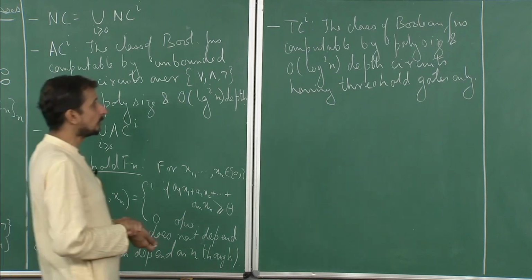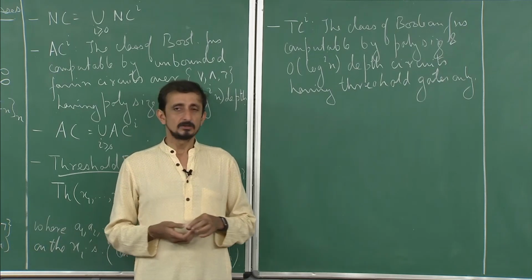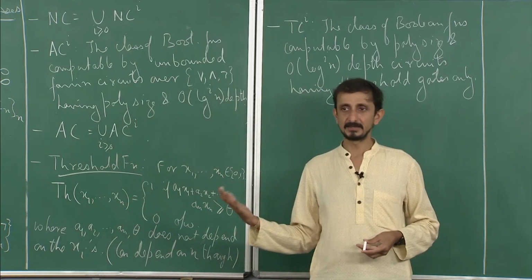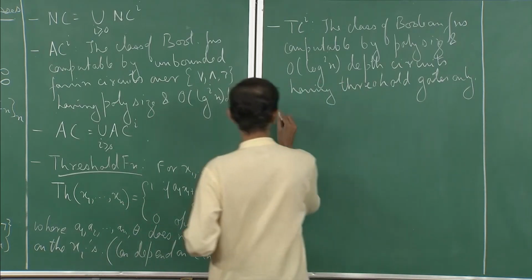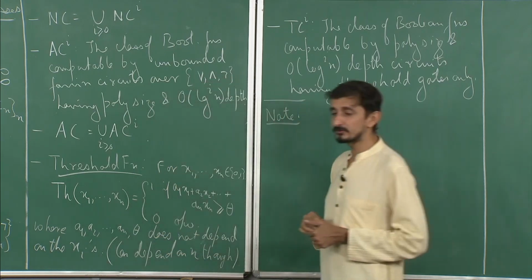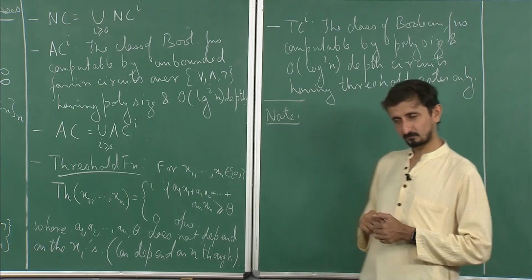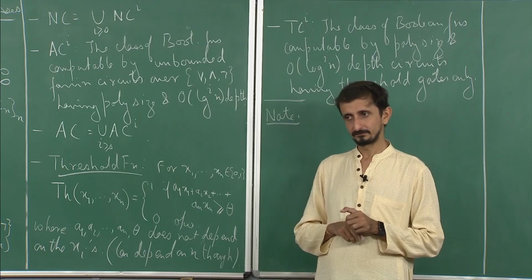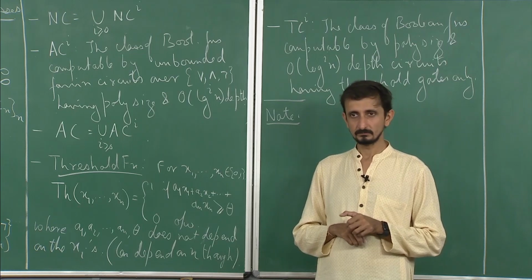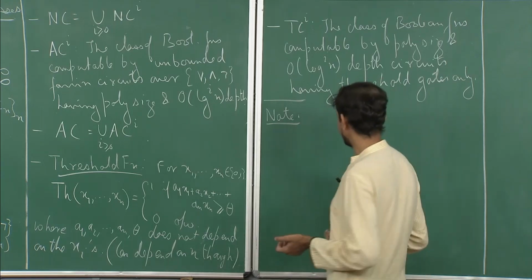Now you might be wondering, what about other gates, I mean what about AND or NOT and these other basic gates. So the point is that any of those gates can actually be simulated using a threshold gate. Okay, so we can actually see that. So for example, how would you simulate an OR gate using a threshold gate? Exactly. So you take the ai's to be 1 and theta to be 1.